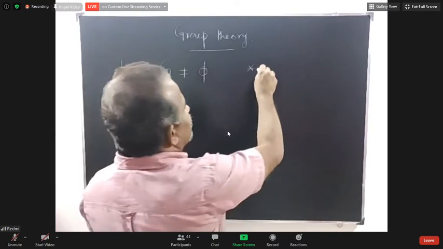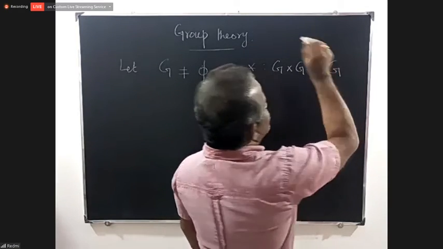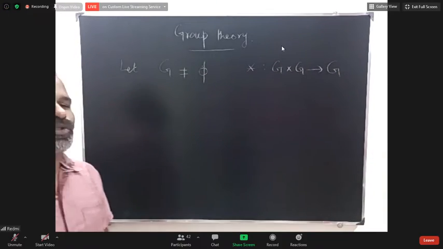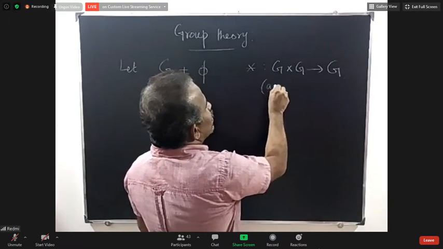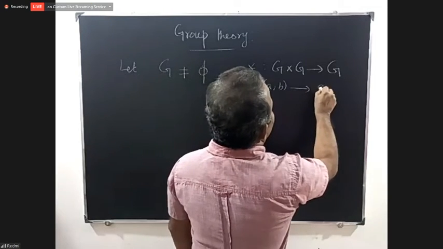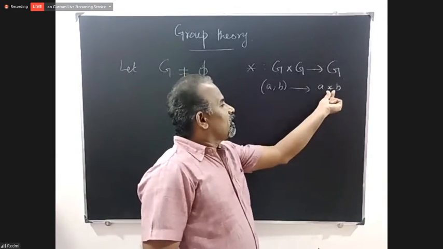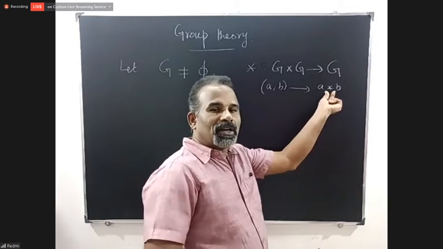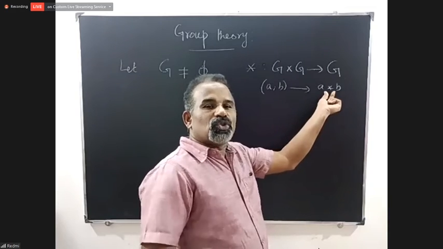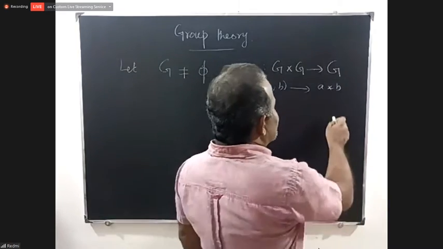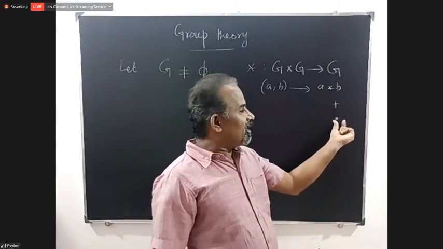A binary operation is a function from G cross G into G. That is, (A, B) maps to A star B. Star may be usual addition or multiplication or some other operation. Whatever we define, we will call it star. Usually we will take the operation star as either plus or dot, addition or multiplication.